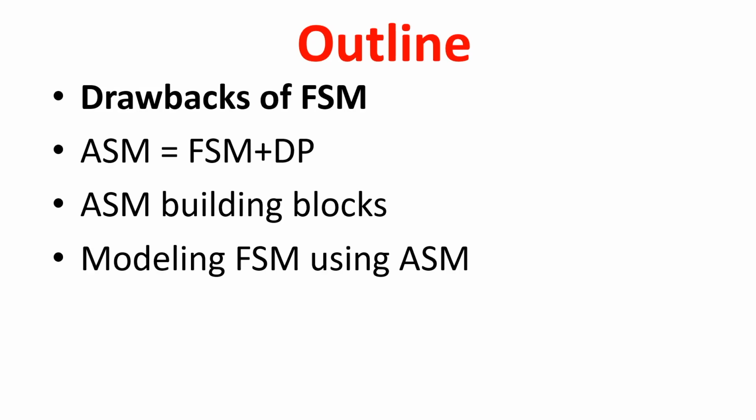The outline of today's class is the drawback of finite state machines. We have already discussed finite state machines. We can design a very good digital system with a finite state machine, but there are some important and interesting drawbacks of FSMs. That is why we need to go for better models to design digital systems. A better model is algorithmic state machines, which comprise FSM plus data path, FSM plus DP.